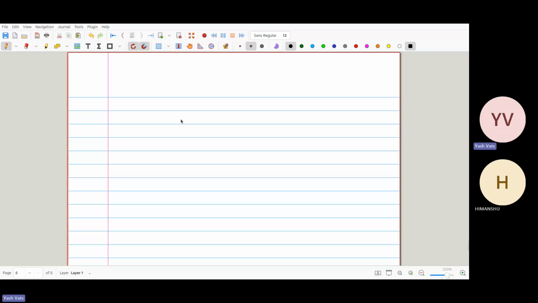Okay, so now the next thing is solving PDEs using Laplace transforms. I think the Laplace transforms have already been discussed in your lectures, but I will just do some questions. So what is a Laplace transform, if you remember?